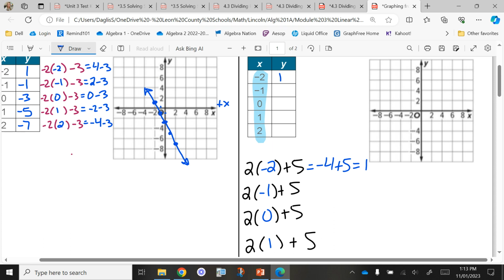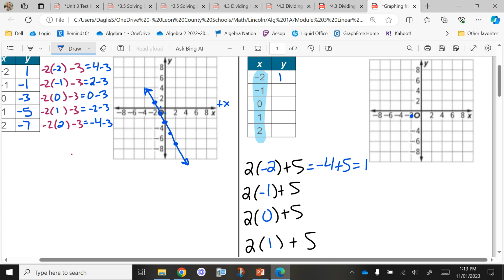Okay? So negative 2, and then down 1. Are we okay with how to graph points? If we're getting lost on that, please tell me, because we got to make sure we know what we're doing. Negative x means left. Positive y means up. So we went left 2 and then up 1.